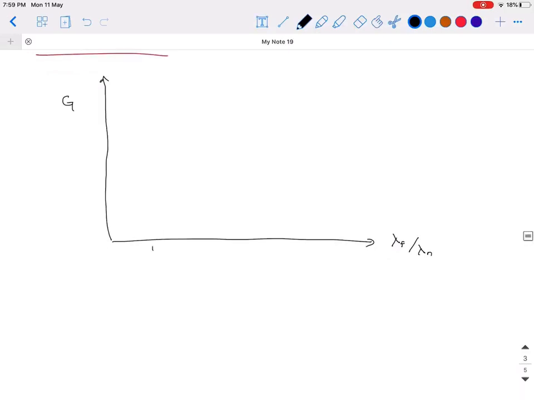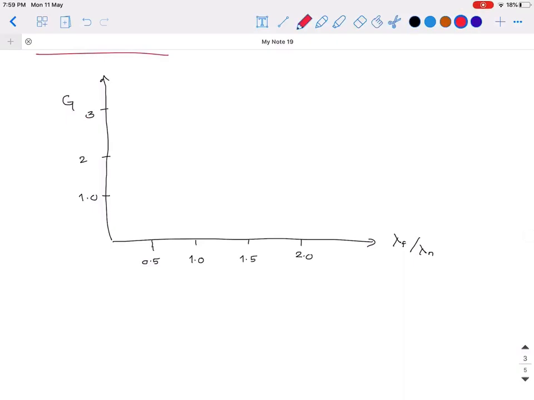So let us say this is 0.5, 1, 1.5, 2, etc. Okay, here we say this is 1, 2, 3.